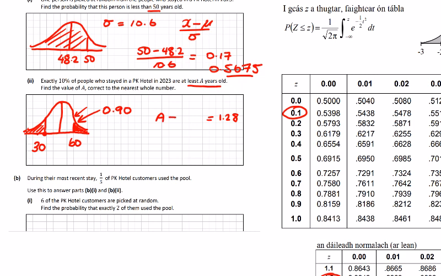A minus 48.2 over 10.6 is equal to 1.28. So a is equal to 10.6 times 1.28 plus 48.2. This is giving me 62 years old. We estimated 60, not bad. 62 years old, or 62 years young.